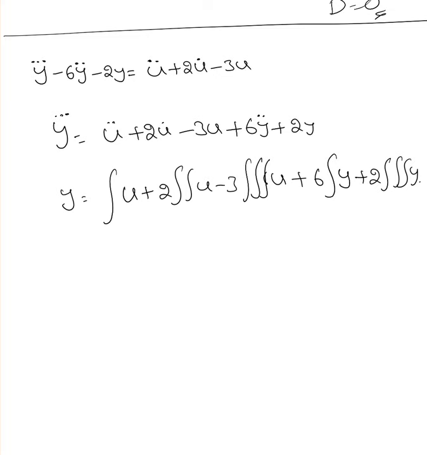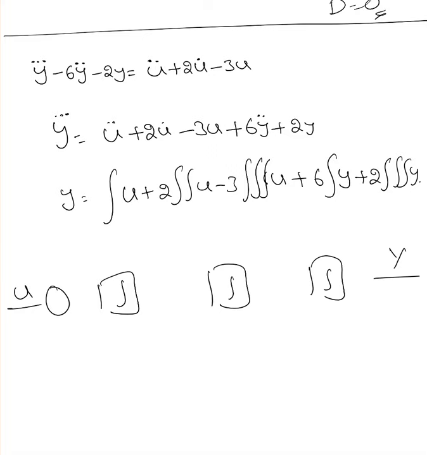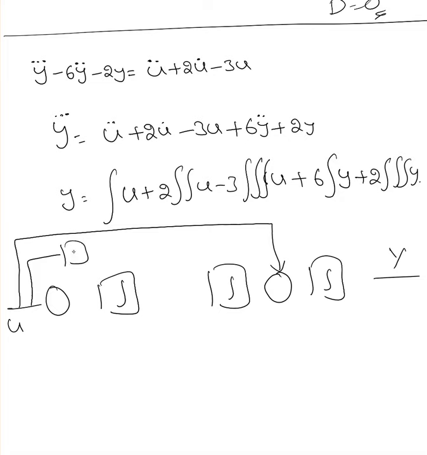Since you see three state variables, or basically three integrals, I'm going to have three integrals. Here is my y and u. To get y, u has to pass through one integral, and u has to pass through two integrals, but at the same time through a constant 2.